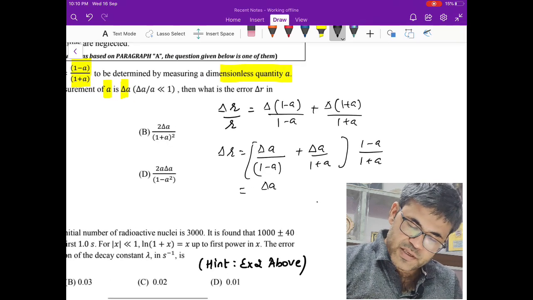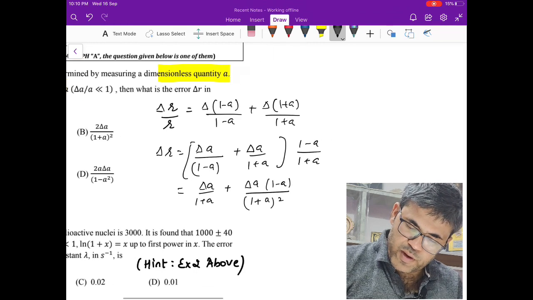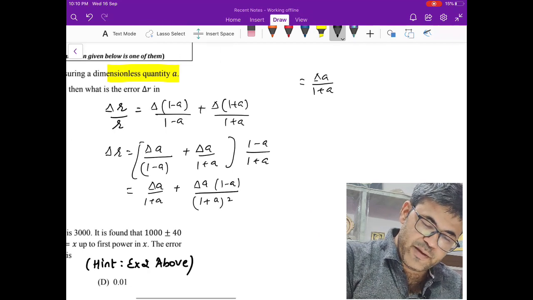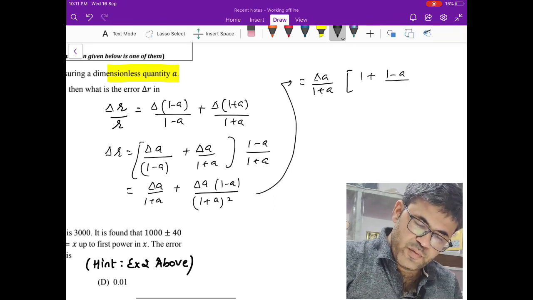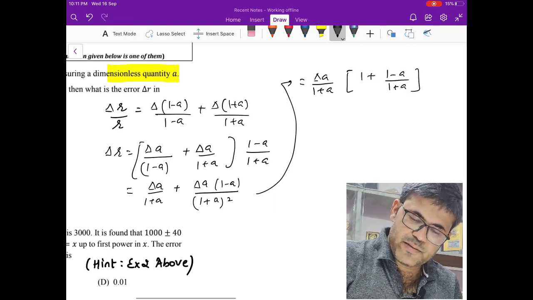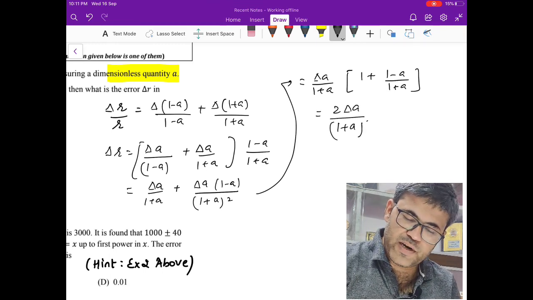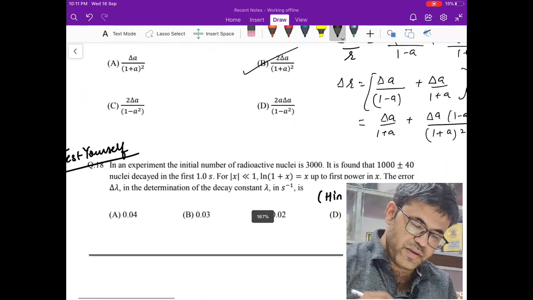So we have delta a upon 1 minus a into 1 plus a, plus delta a into 1 minus a upon 1 plus a whole square. Now I can take delta a upon 1 plus a as common, it would be 1 plus 1 minus a upon 1 plus a. If you do this, the a and a get cancelled, it will become 2 delta a upon 1 plus a whole square. So option B is correct.